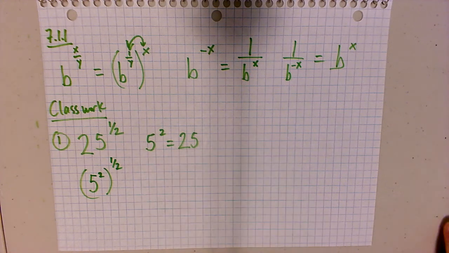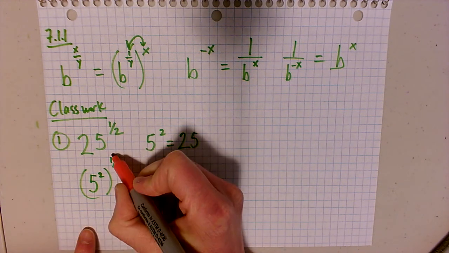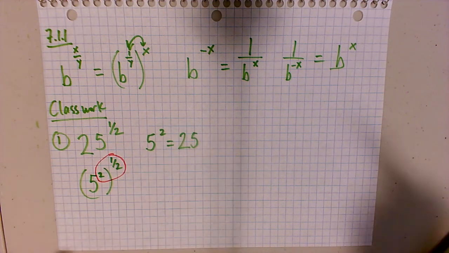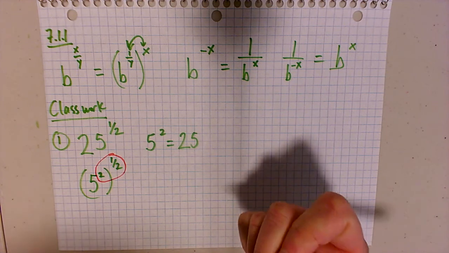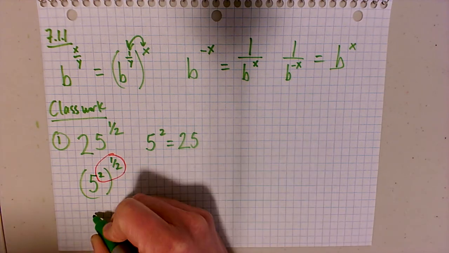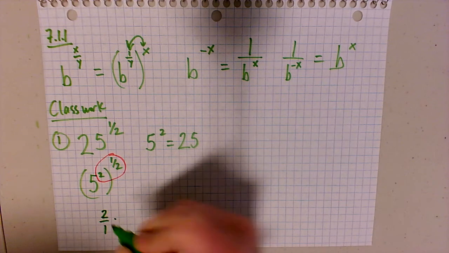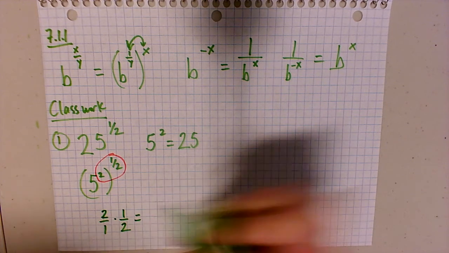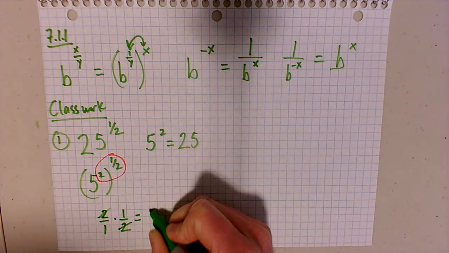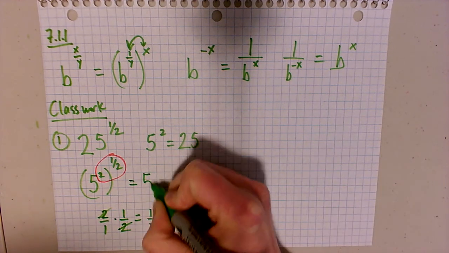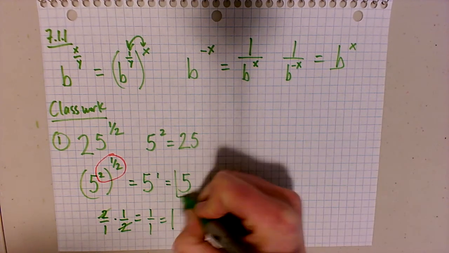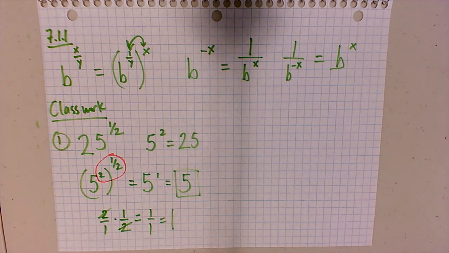And then at this point, you have these exponents right here, the 2 and the 1/2, and you can follow our rule. We can multiply them. So then you could think to yourself, okay, so I have a 2 on the inside, and I'm going to multiply that by 1/2, and if I multiply those, the 2's cancel, and my answer is just 1. So then your answer becomes 5 to the 1, or just 5. Okay, and so that's kind of what we're doing with these examples here.